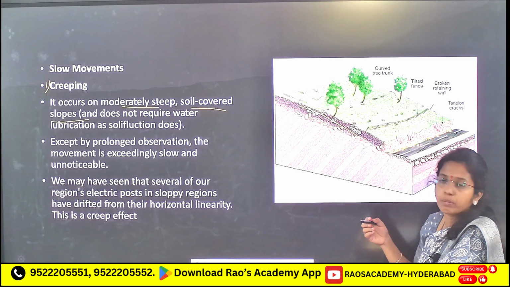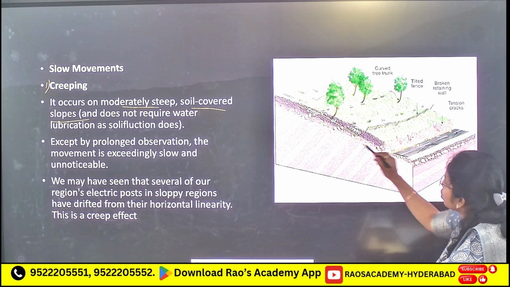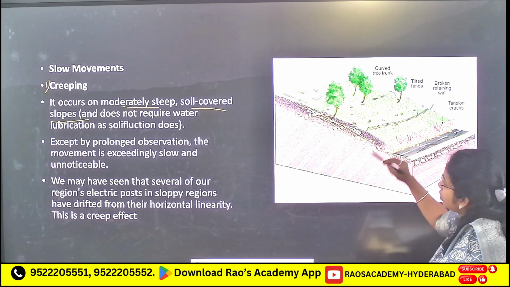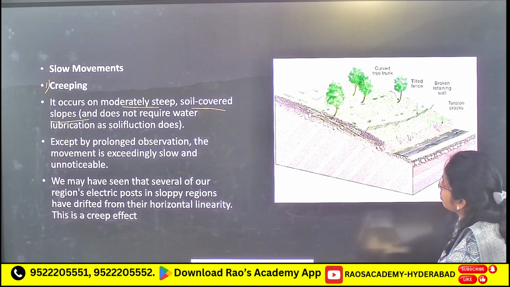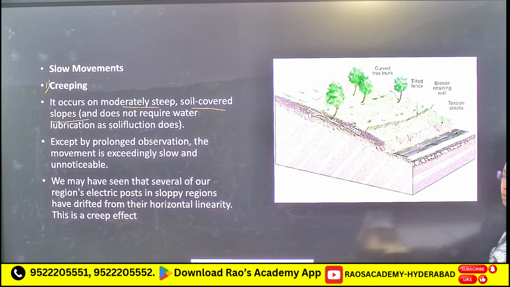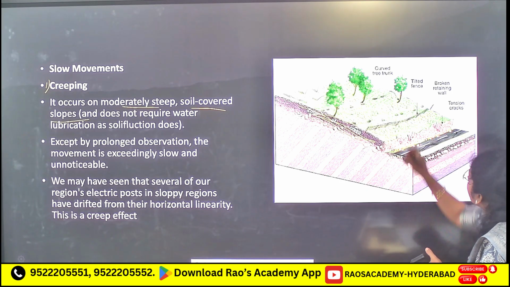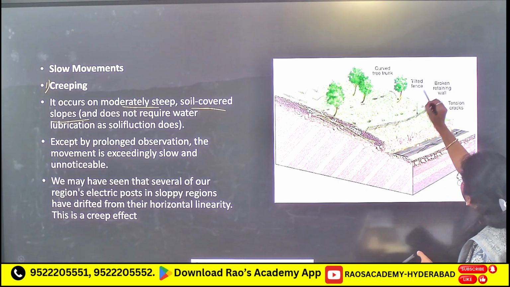After prolonged observation, you will see the zone of creep here. Tilted electric poles, bent trees, cracked walls. It's a silent killer. Slowly it will move, slow movement you will see. Here, curved trunk trees, tilted fence, broken retaining wall.